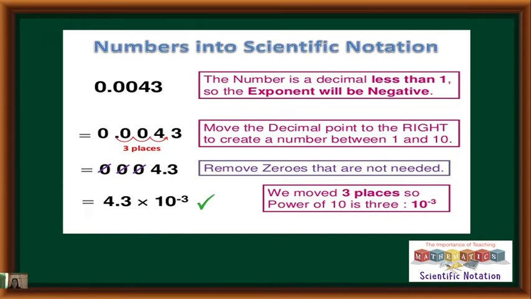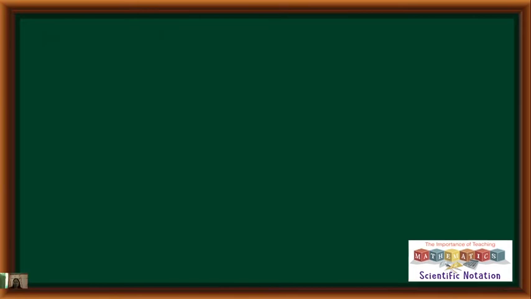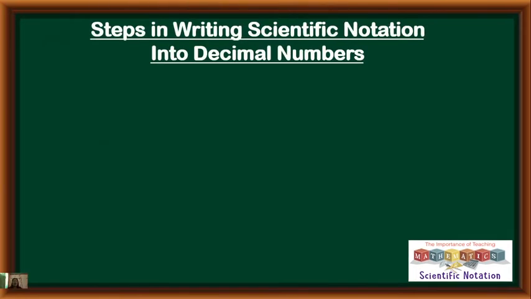So we move 3 places, so the power of 10 is 3. But since it is going to the right, and the given number is less than 1, 3 is negative. Okay, negative 3.